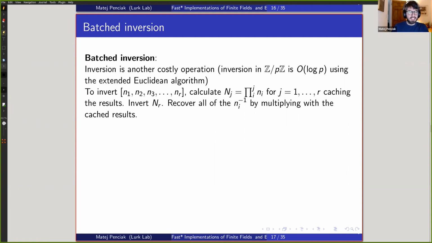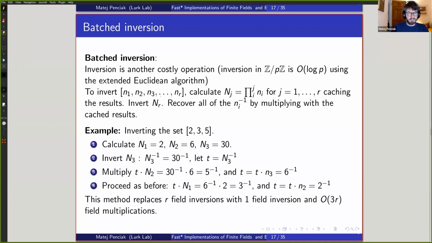So the idea behind batched inversion is we can invert a bunch of field elements all at once, using only a single field inversion. What you do is you calculate a lot of these intermediate products n sub j until eventually you get nr, which is the product of all of them, invert that last element, and then you recover each one of the ni inverses by multiplying by cached results.